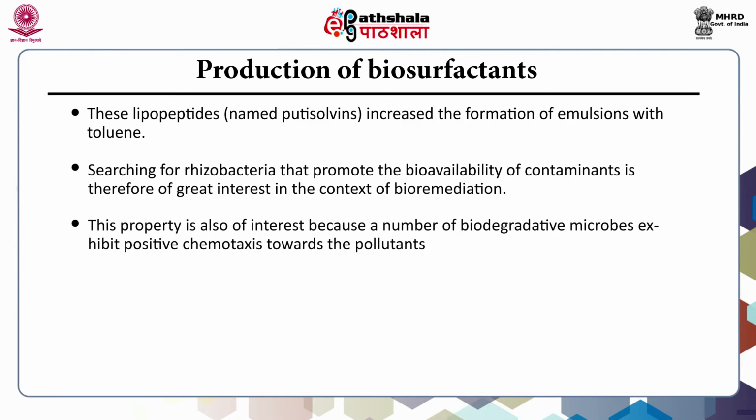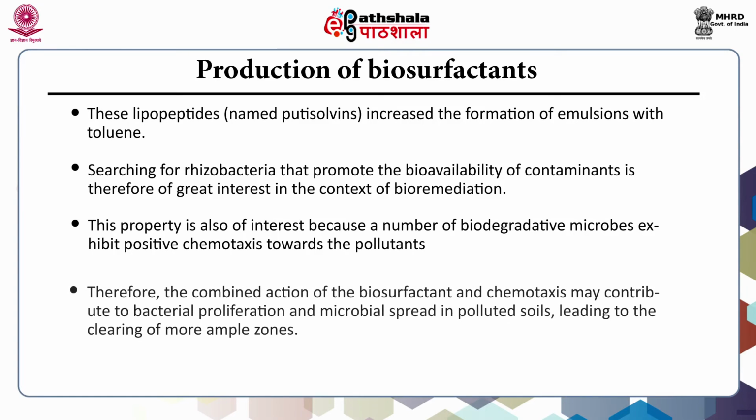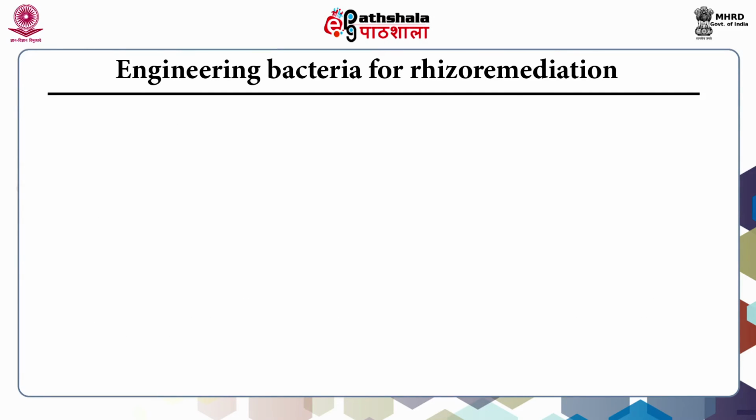Now, this property is of great interest because a number of biodegradative microbes exhibit positive chemotaxis towards the pollutants. The combined action of biosurfactant and chemotaxis may contribute to bacterial proliferation and microbial spread in polluted soils, leading to clearing of ample zones.